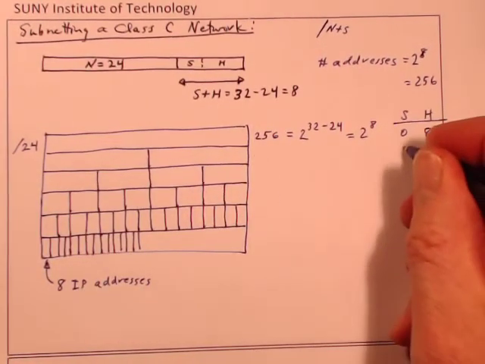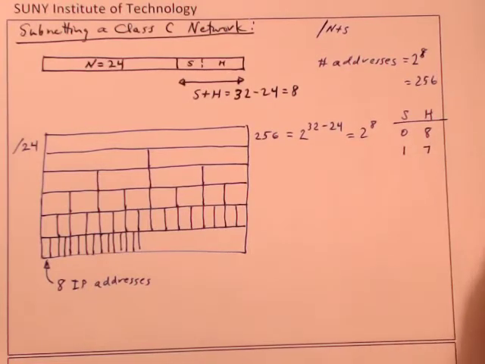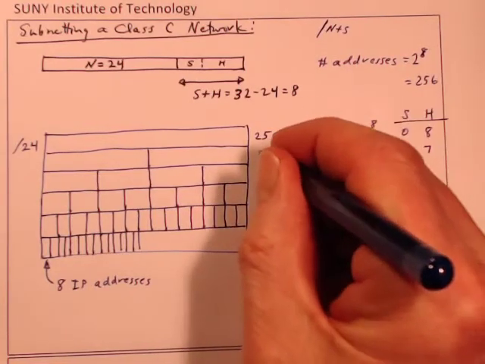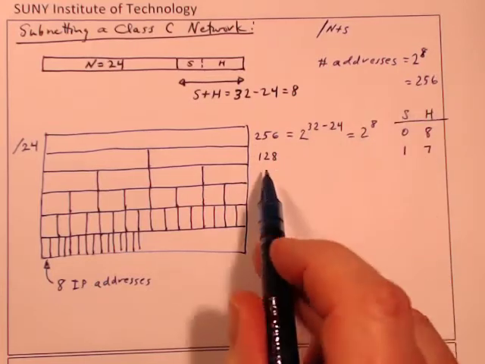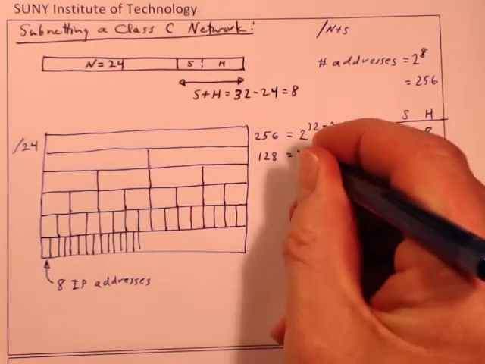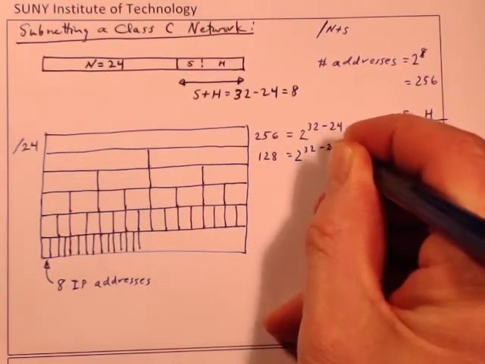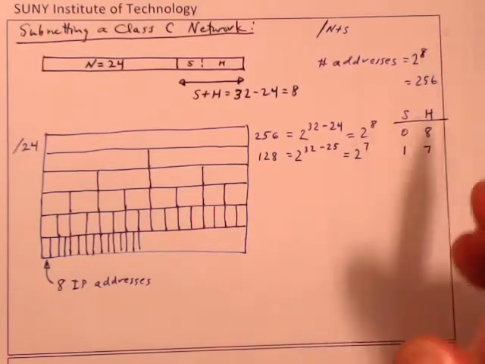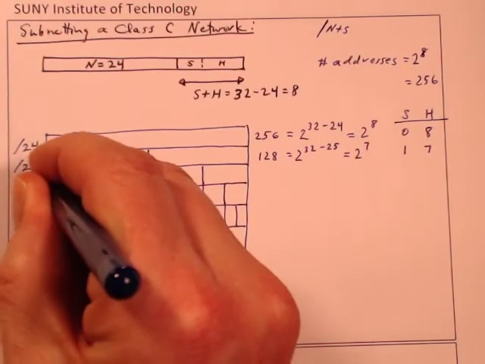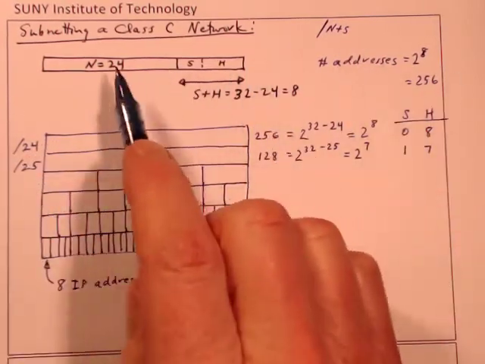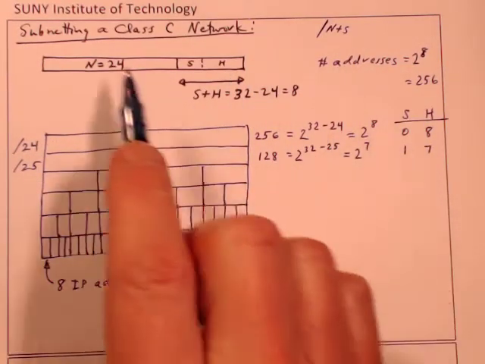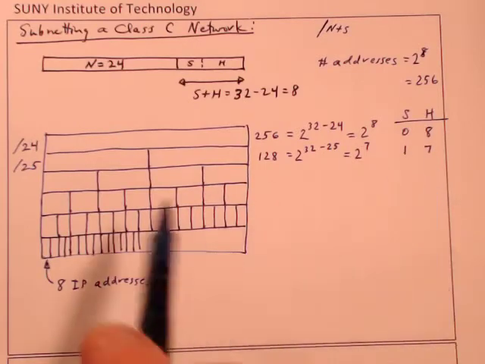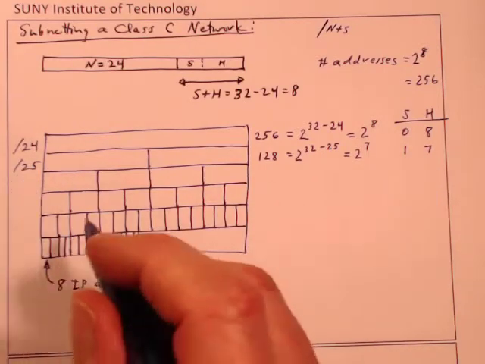Now if we use 1 bit for S and 7 bits for H, I have 128 addresses per subnet, and that's 2 to the 32 minus 25, or 2 to the 7th. And it's the slash 25 then. n plus s is 24 plus 1, or a slash 25 network.